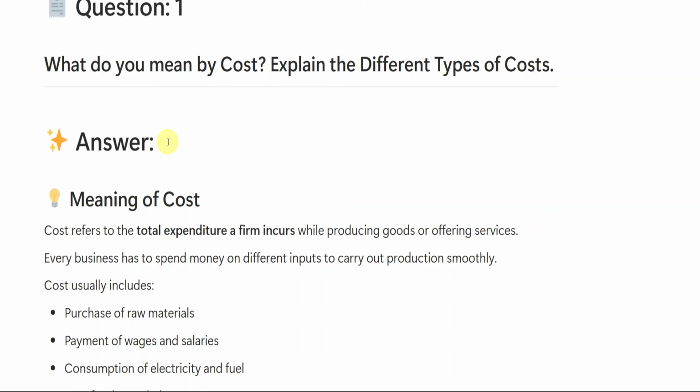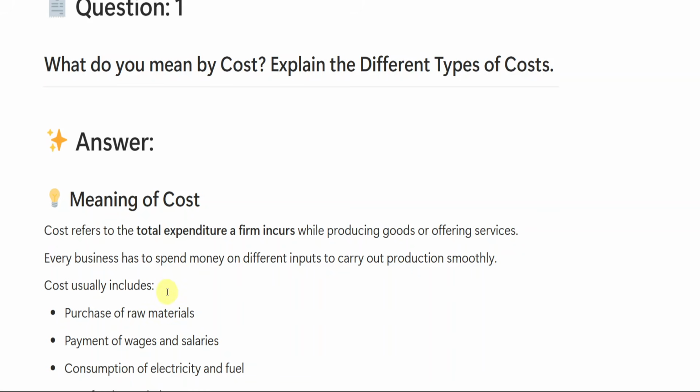So in order to produce the chocolates, I need a place, I need a company, I need different machines, I need labor who will work there, I need raw materials, right? So all these cannot be taken for free, right? We need to spend some amount, and that amount is nothing but cost.